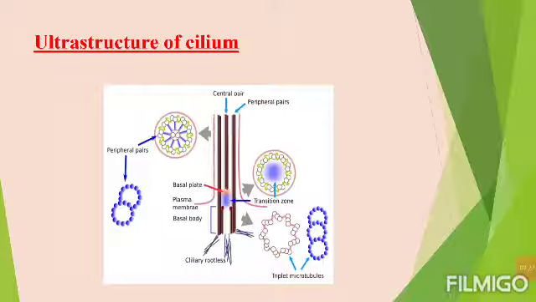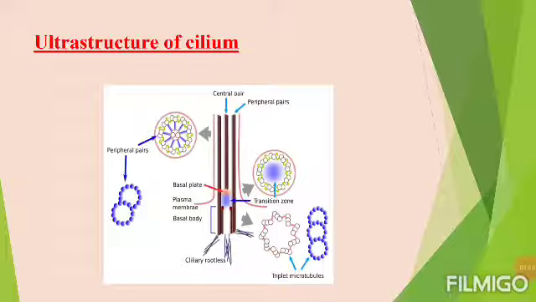Each of the 9 outer fibrils is 360 angstrom in diameter and composed of 2 subfibrils of 180 to 250 angstrom diameter. These subfibrils are designated as subfibril A and subfibril B. The subfibril A is slightly larger than the subfibril B.